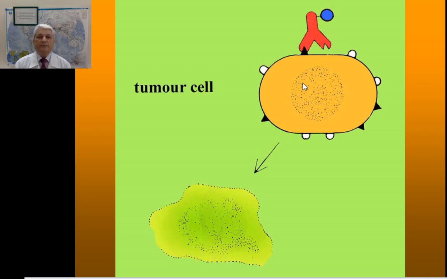There are many different types of such monoclonal antibodies, from which scientists can take only the antigen binding fragment, or even only the variable domain of heavy chain and variable domain of light chain. Or sometimes they can take only the antigen binding site and include it in the human immunoglobulin.